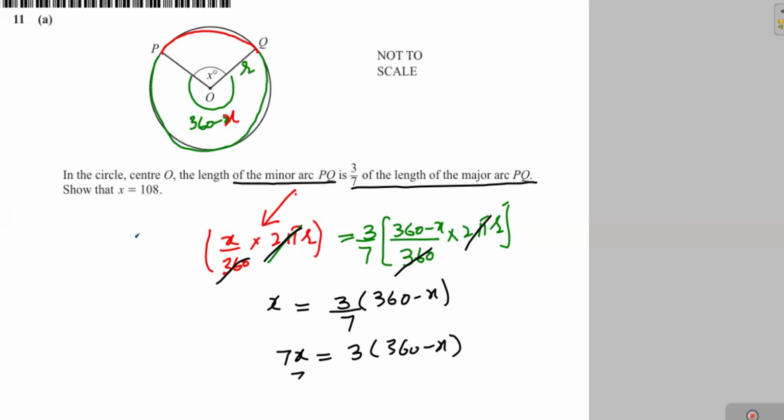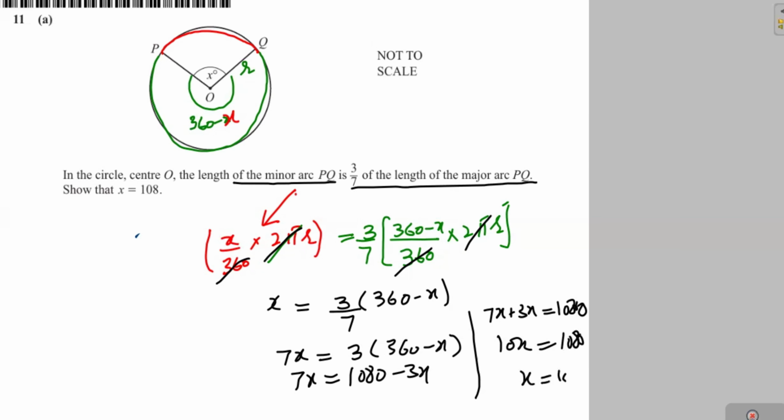And this becomes 7x equal to 1080 minus 3x. And 7x plus 3x equal to 1080. And therefore 10x will be equal to 1080. And x will be equal to 108. And we have to prove the angle is 108. Hence, this is the solution.